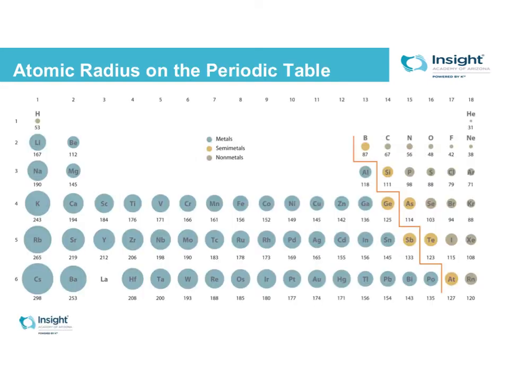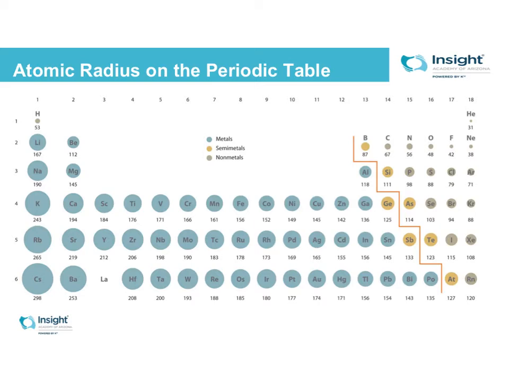So here is the trend on the periodic table. What do you see happening, say, as you go across a period? What about as you go down a group? What's going on with the radius?